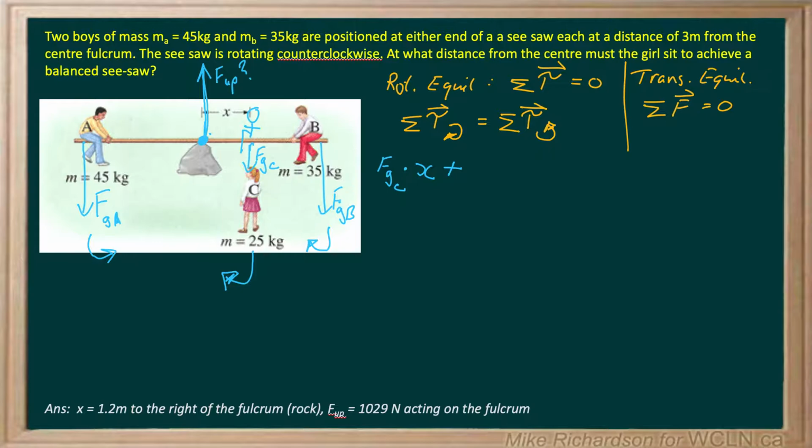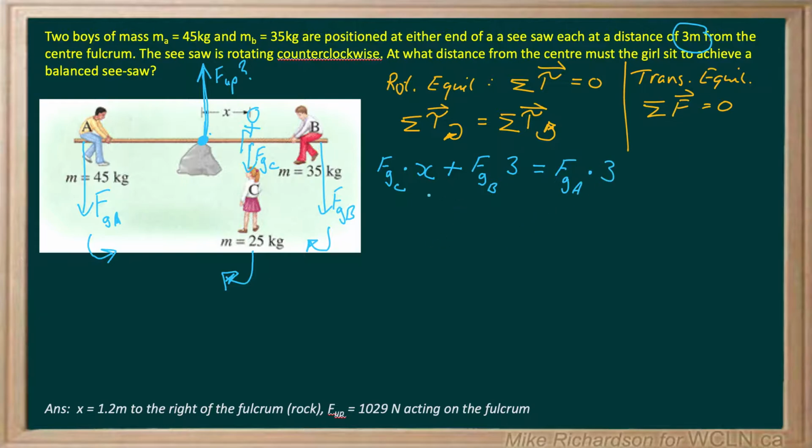Plus force of gravity B from the buoy on the edge times his distance to the pivot point, which they tell you in the question is 3 meters. Equals, and again, they're 90 degrees, the distance and the force, so we're good. Equals force of gravity A times the distance to the pivot point, which is also 3 meters.